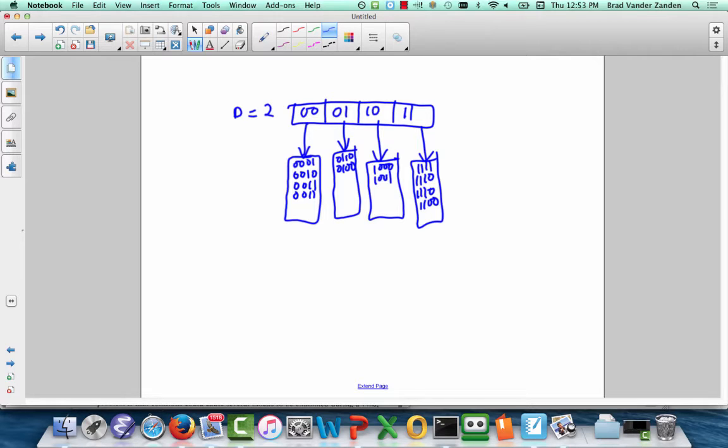Let me back up. In the actual index, this is not what you see.